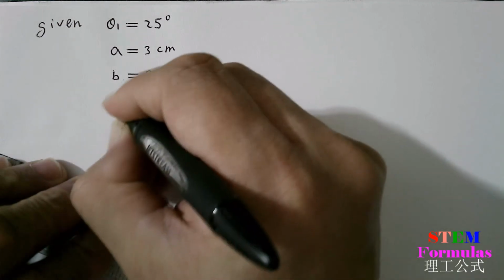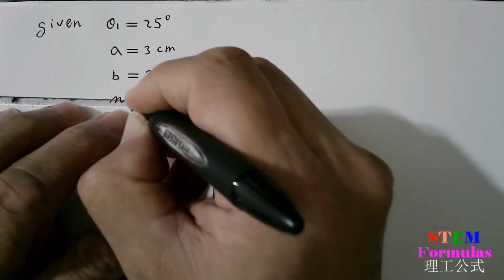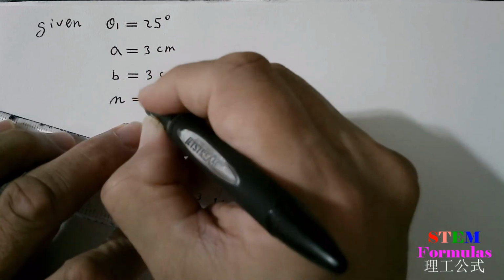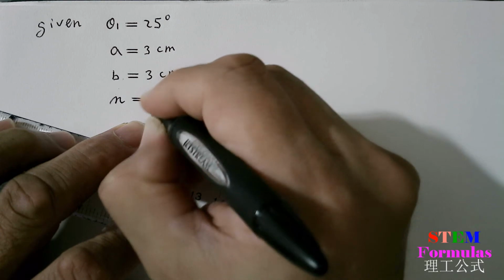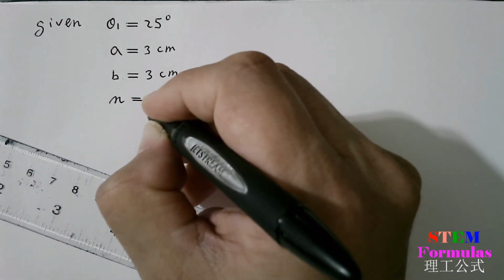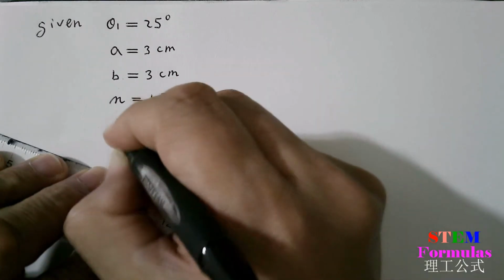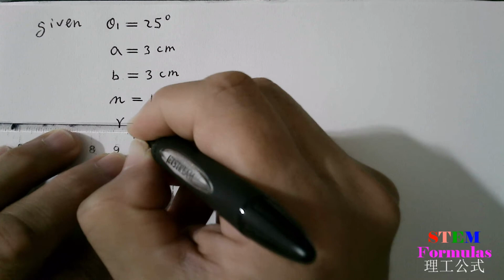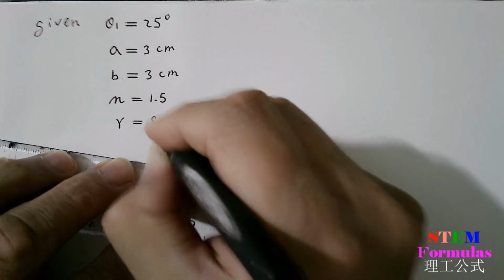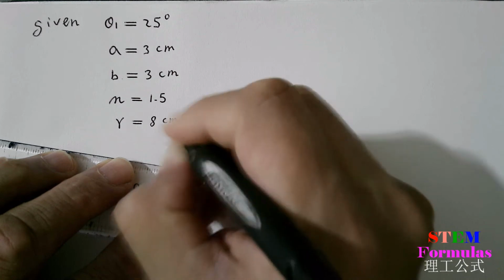And n, the index of refraction of the glass, is 1.5. The radius equals 8 centimeters.